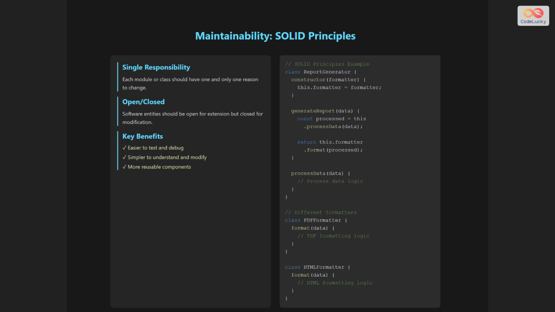Following these principles makes it easier to test and debug code, easier to understand and modify the code, and leads to more reusable components. As an example, the ReportGenerator class is dependent on the Formatter class. This means you can easily extend the report generator to work with new formatters such as PDF or HTML, without modifying the ReportGenerator class itself.